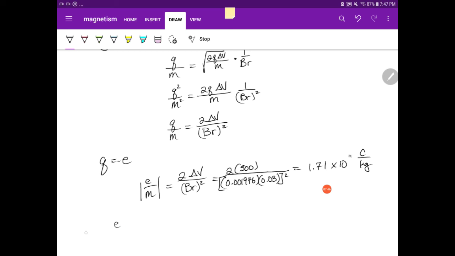Now, what we expect would be the charge of the electron over the mass of the electron.